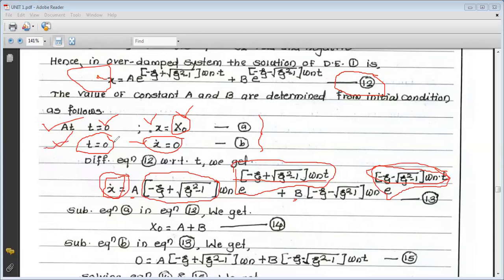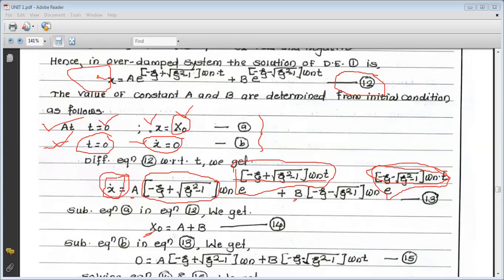Now what is condition a? That is the first initial condition: at t equals 0, x equals x0. So put the value of t equals 0 in equation number 12. What is the value of x? x is equal to x0. Then the value of t is 0, and anything raised to 0 is 1.